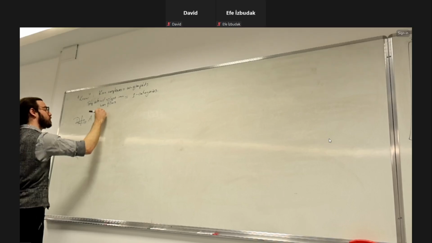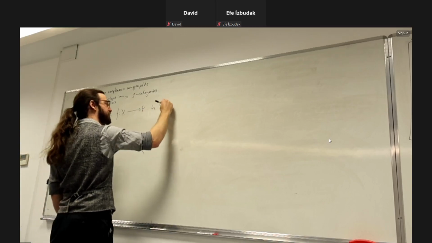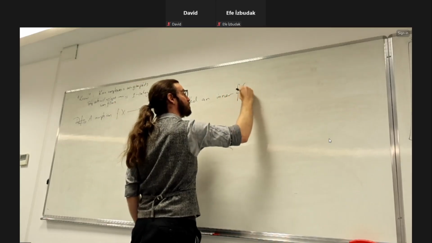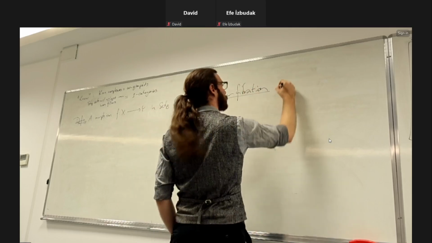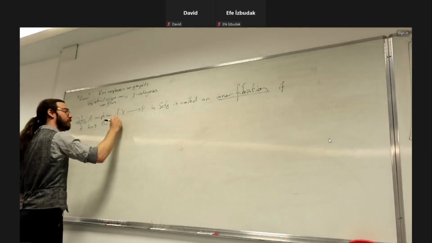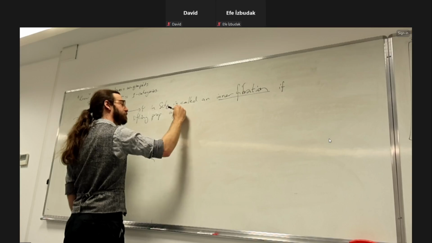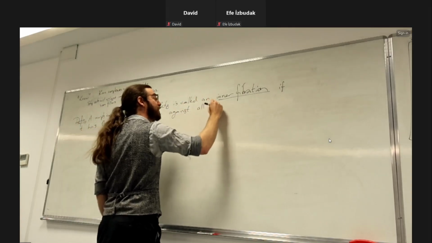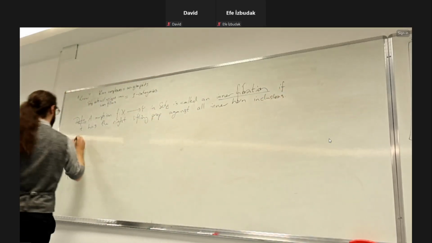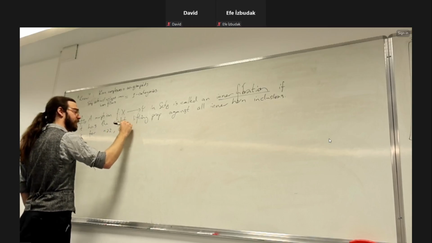A morphism f from X to Y in simplicial sets is called an inner fibration if it has the right lifting property against all inner horn inclusions, that is, for n greater than or equal to 0 and 0 less than i less than n.